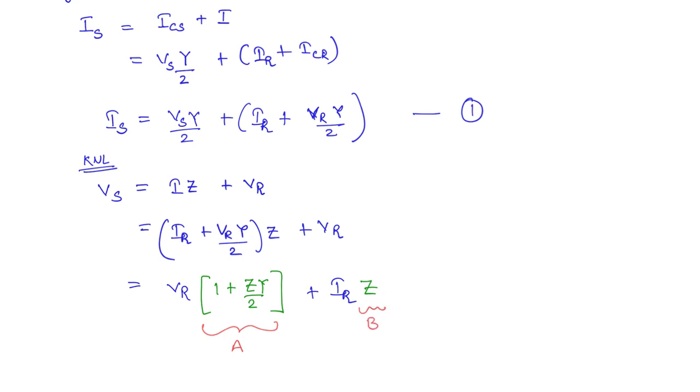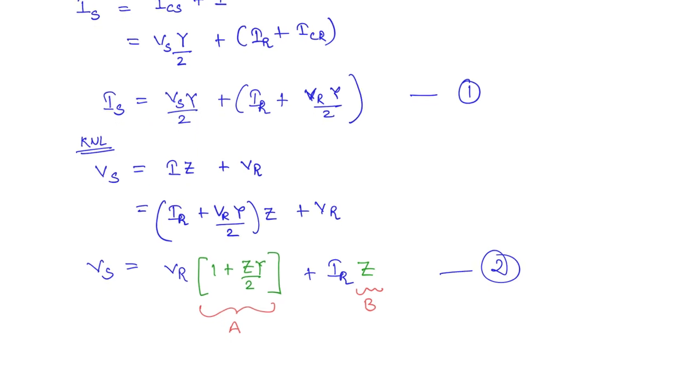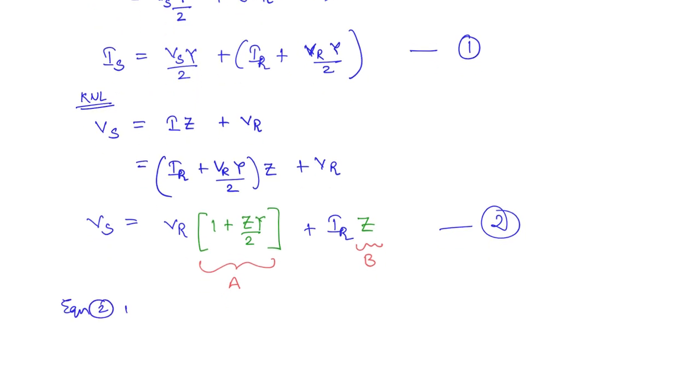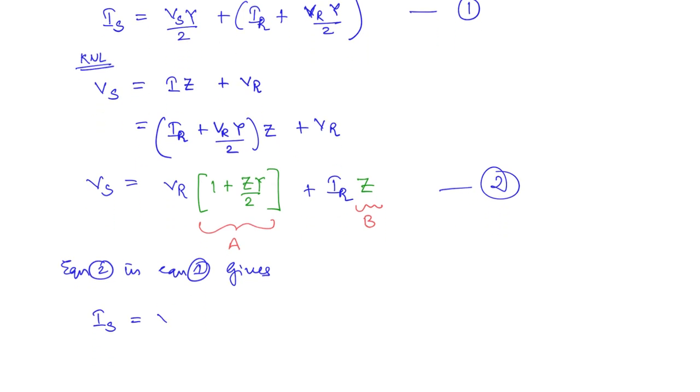Now this value of Vs, this is equation 2. If you substitute this in equation 1, you will get Is is equal to, I am writing the final expression here, VR into Y, Zy by 4 plus 1, plus IR into Zy by 2 plus 1.